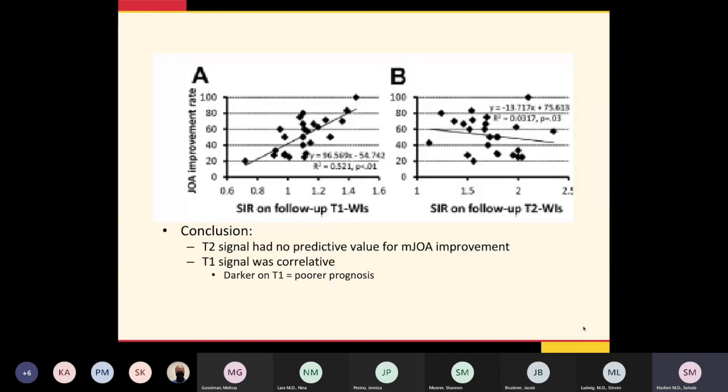And they actually found that T2 signal had no predictive value in the improvement of the modified Japanese Orthopaedic Association score postoperatively.